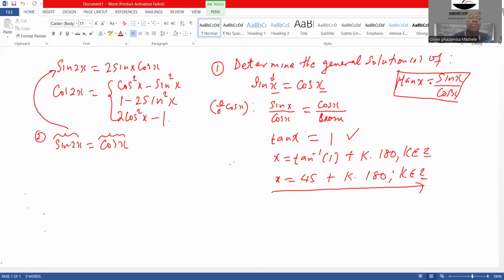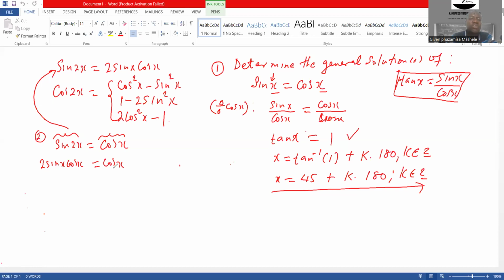So we have to expand this as 2 sine x cos x equals cos x.